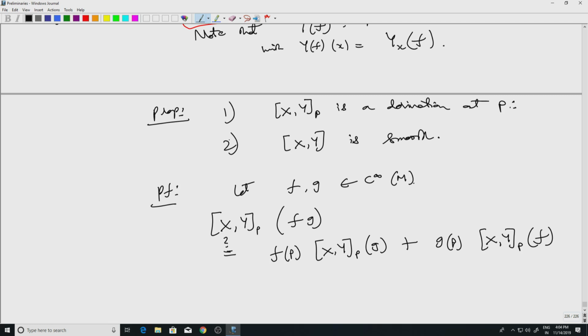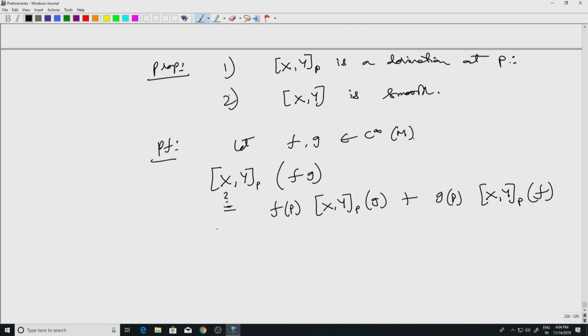So it's just a matter of going through the definition. So for instance, the left hand side, the LHS, is equal to Xp Y acting on fg minus Yp X fg.